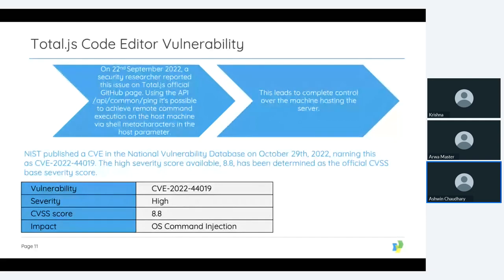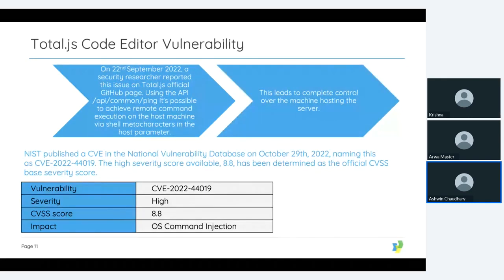Why is it high? Because it leads to the operating system's command injection, which leads to complete control over the machine hosting the server. That is the reason it is high, because one can have a remote execution done with this vulnerability, and the attacker can gain complete access over the server. That is the reason why this is important.